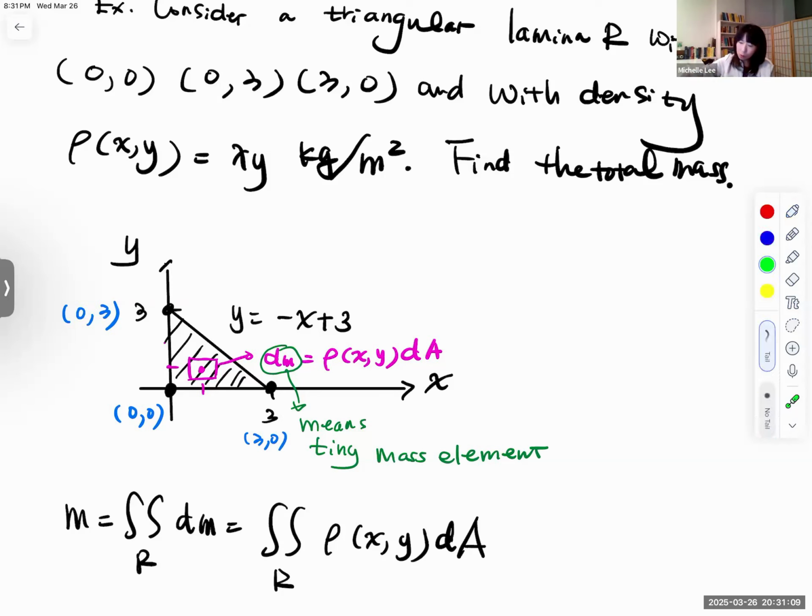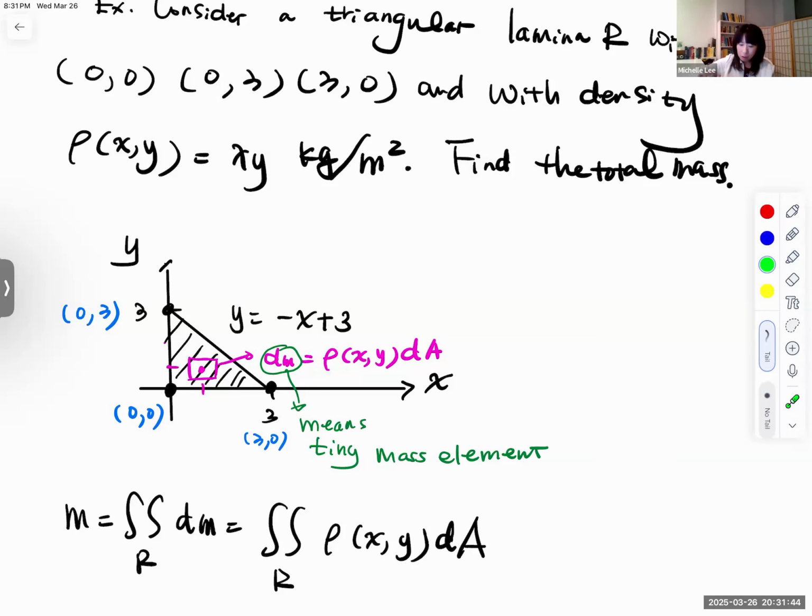So this line has a y-intercept at 3, then a negative slope, so negative x. We take the tiny mass, and we denote the symbol as dm. dm means tiny mass. There is a nice vocabulary word, but it's too long, so I just made it tiny. So that will be the density function.